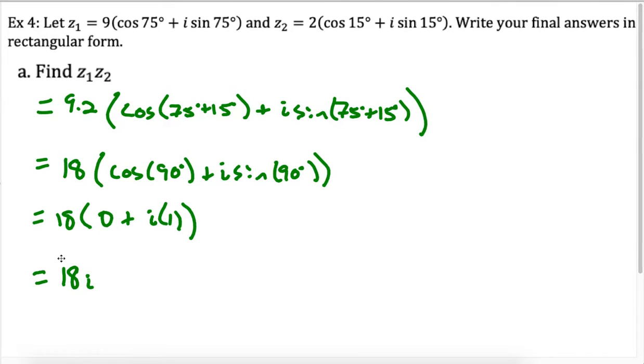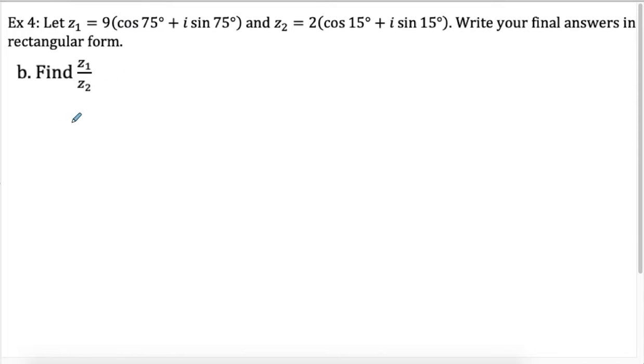All right, so let's try to divide them. Those same two numbers. So to divide, I'm going to take r1 over r2, so 9 divided by 2, times the cosine, and now I subtract my angles.